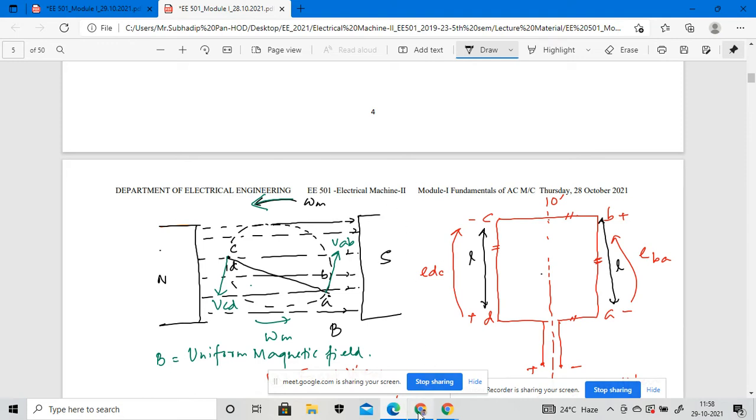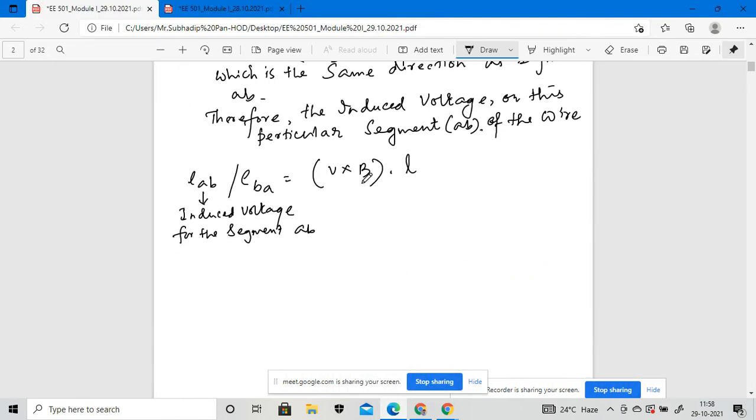So V into B into L, where B is the magnetic field and L is the length of the conductor or wire.